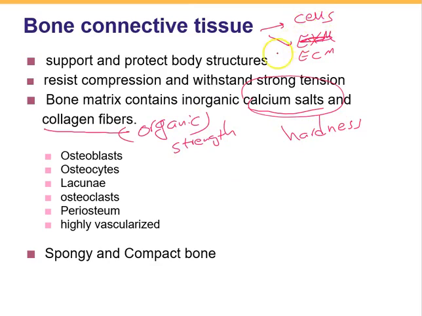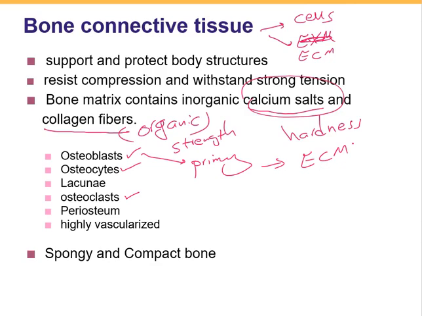But what about the cells? We have osteoblasts, osteocytes, and osteoclasts found in the bone connective tissue. Osteoblasts are the primary type of bone cell which produces the extracellular matrix, like the organic part, the collagen fibers and also the other part of the ground substance.